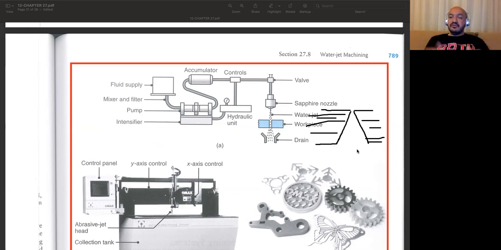At the bottom of your workpiece, the width of your opening will be larger compared to the width at the top of your workpiece. So that's an important point, and you need to be careful about it and design your parts accordingly.